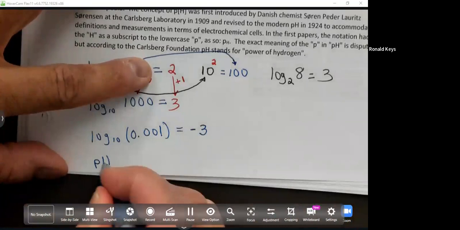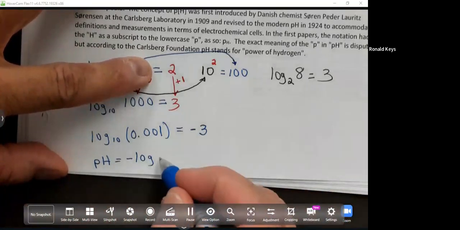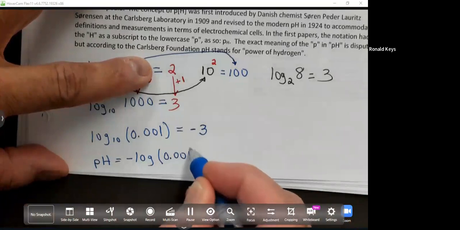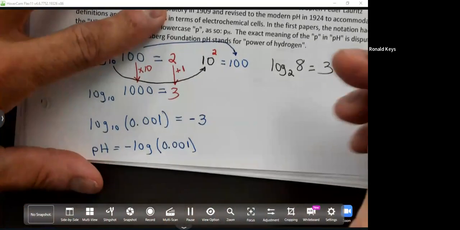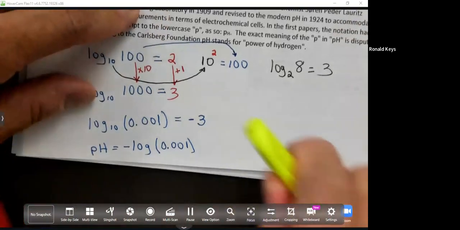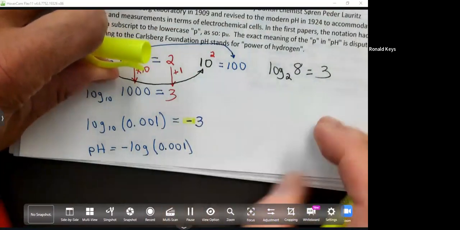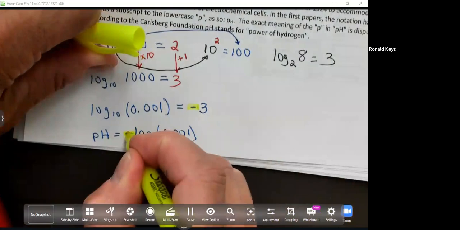Now pH equals the negative log. And if I put this number in, you're going to see it coming up, 0.001. We are always going to get a negative number when we do the logarithm. But pH has a negative right here.